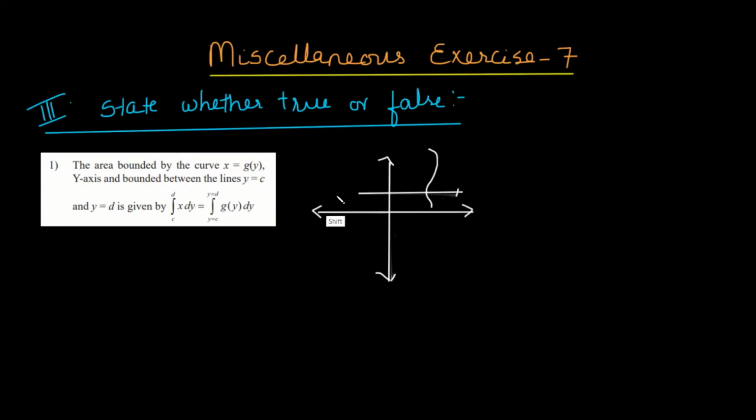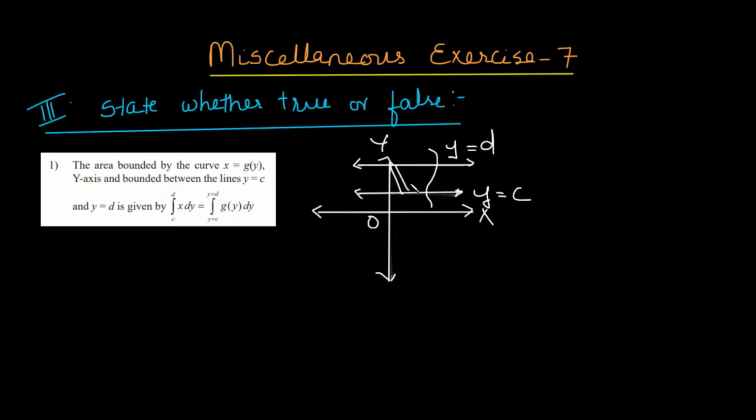So suppose these are the lines. This is the point y is equal to c, and suppose this is the point y is equal to d, and the y-axis is this one. So this is the curve which has the equation x is equal to g of y.